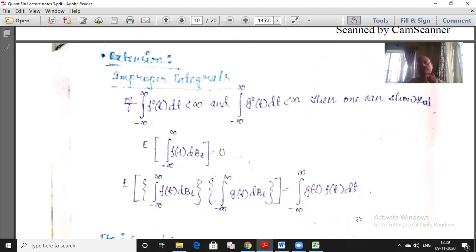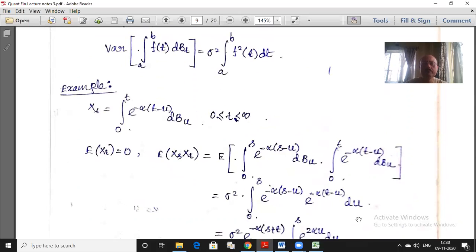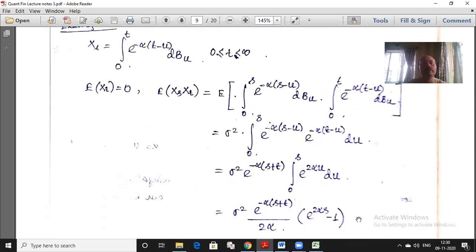One small extension, not small, but a quick extension of this result is sometimes required to evaluate long-lived derivatives or infinitely lived derivatives.